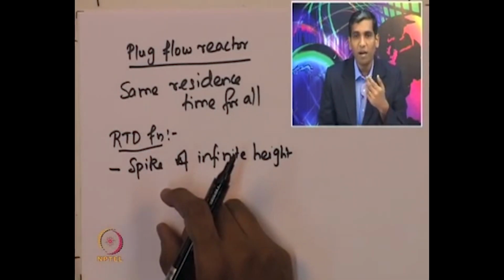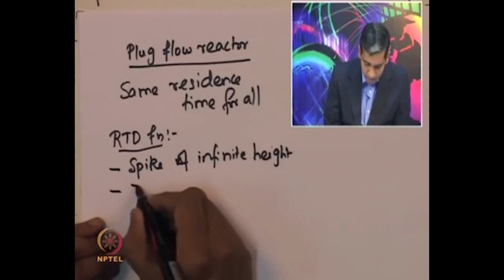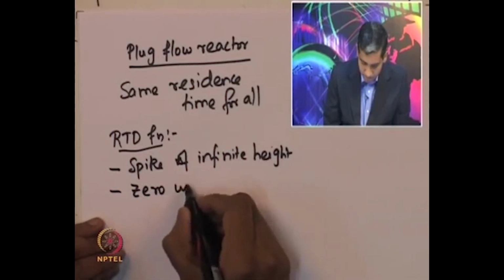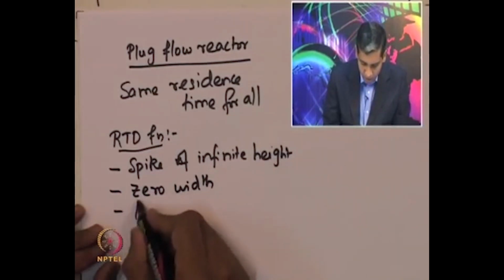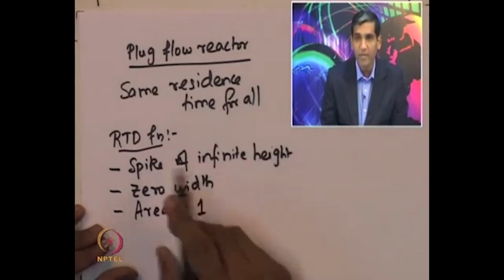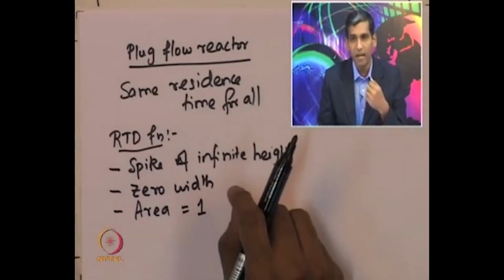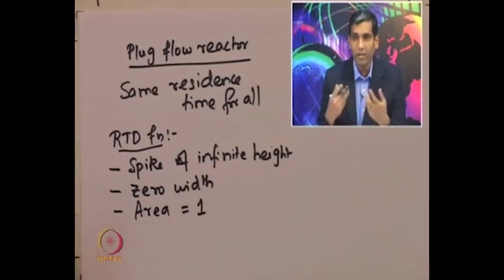So, the E curve must have a spike of infinite height, and also it must have 0 width, and not just that, the area under the curve should be equal to 1. The spike will be exactly at the mean residence time, and that is very important, because that is the property which captures the nature of the plug flow reactor.